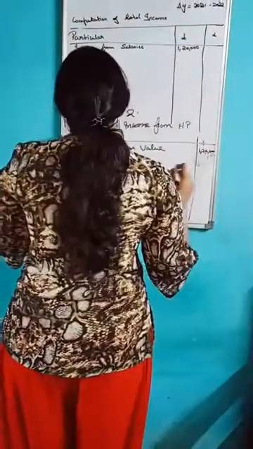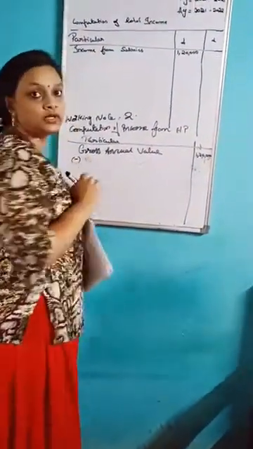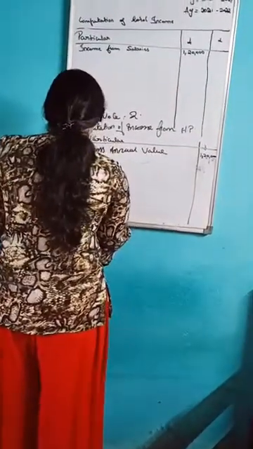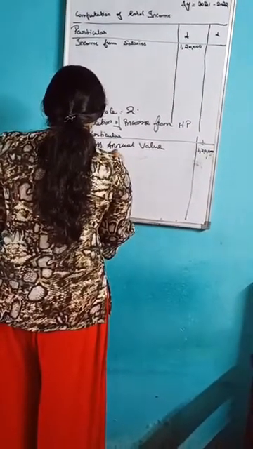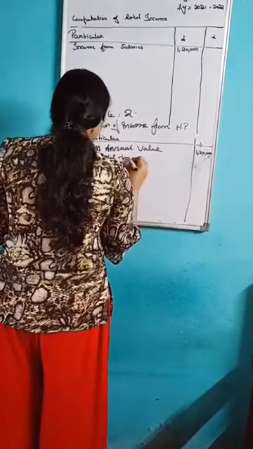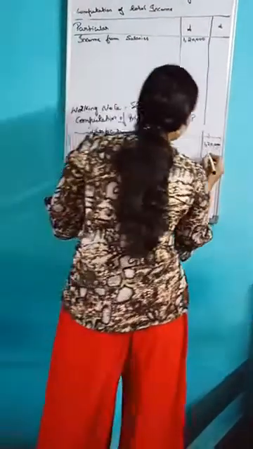Next, in the question they have mentioned municipal tax. So write here minus municipal tax. Municipal tax paid is 10,000.